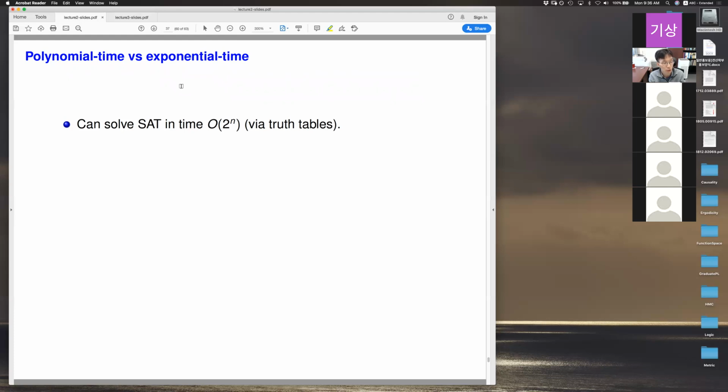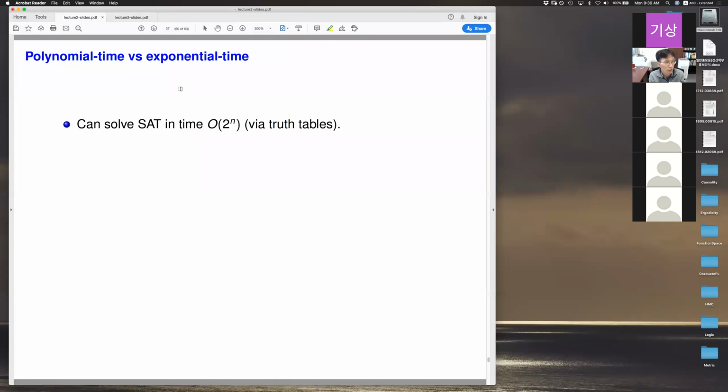Given a propositional logic formula, look at which propositional variables appear in the formula. If it is P1 up to Pn, you construct a truth table which assigns 0 and 1 to all the propositional variables. You consider all the possible truth assignments, and in each case, you evaluate the propositional logic formula that you have.